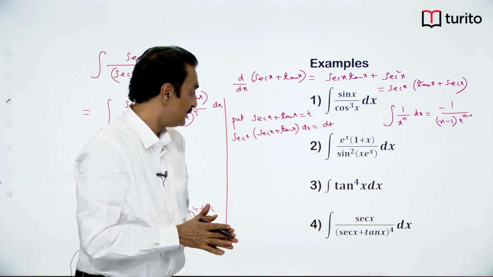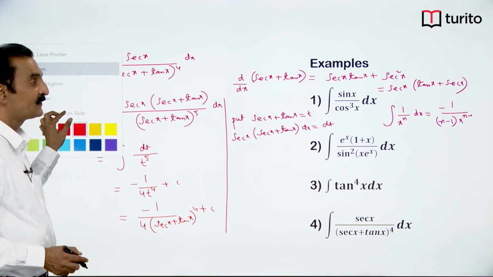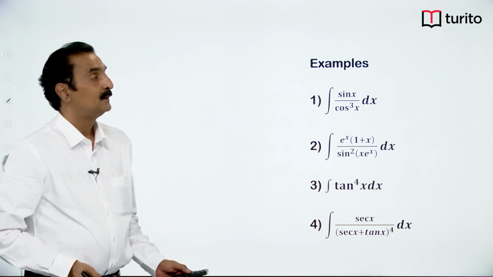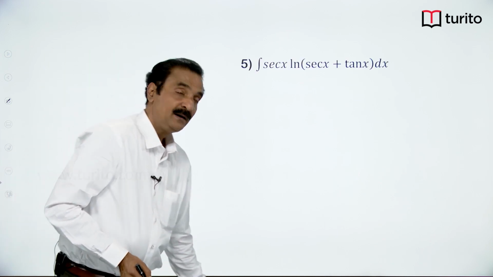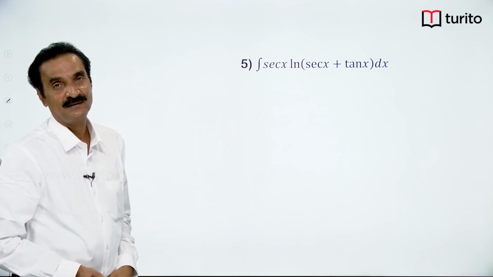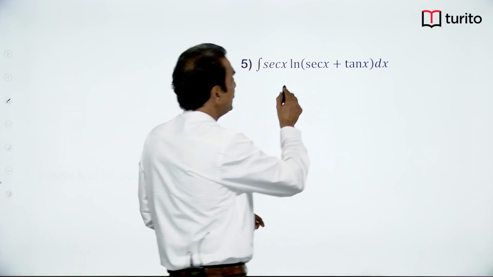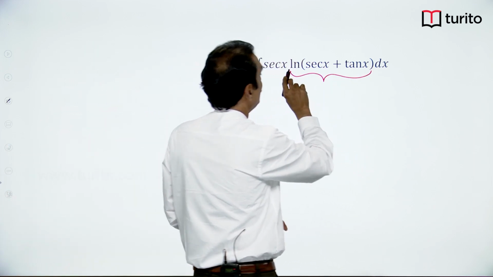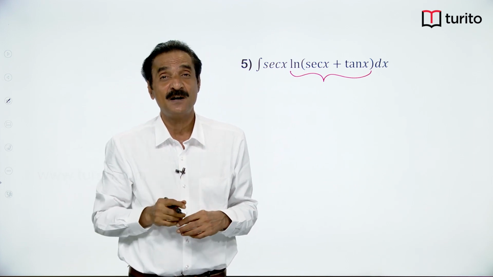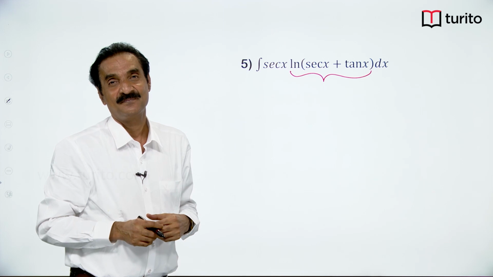Okay. So, some more examples. Integral secant x into ln secant x plus tan x. What will you substitute? If you remember, ln of secant x plus tan x is present in one of our formulae. What is that formula? It is the integral of secant x.